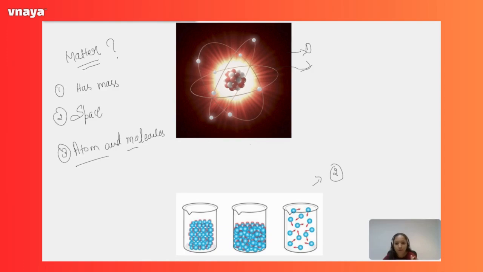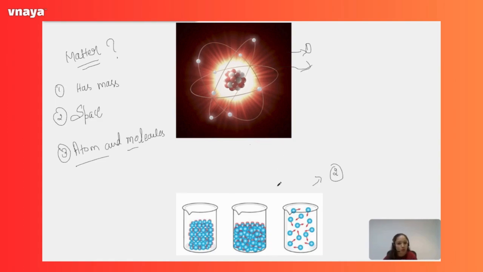Get it? Each state has distinct properties and behaviors. For example, a solid has a fixed shape, a liquid takes the shape of its container, and a gas spreads out to fill any space.